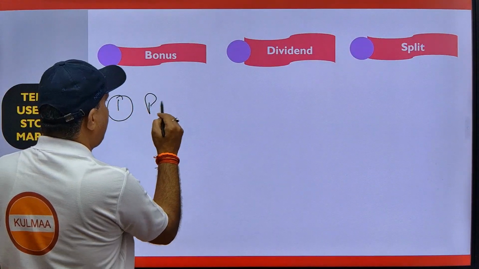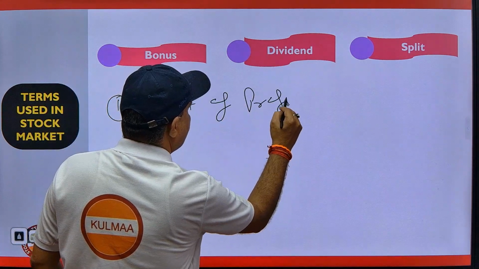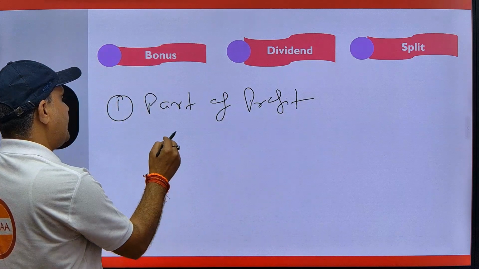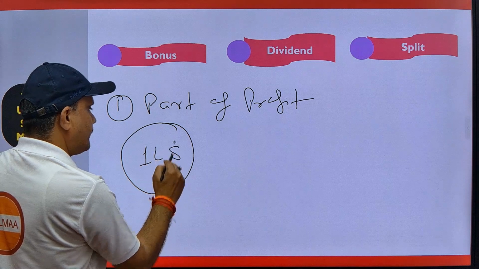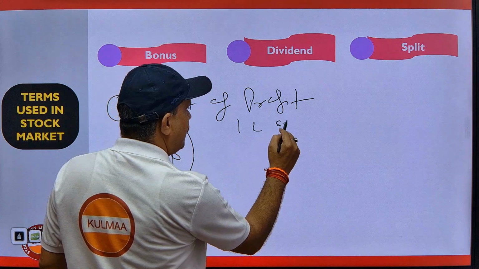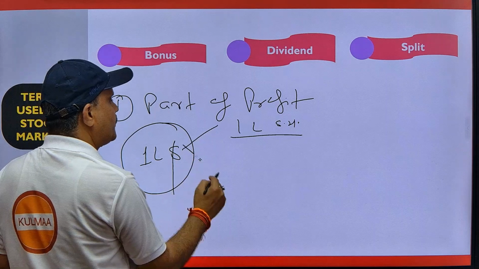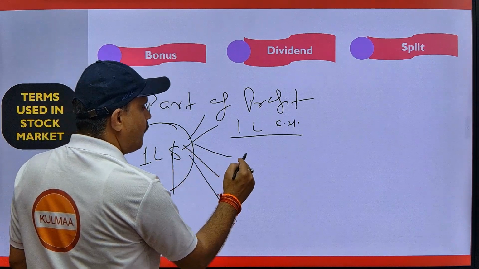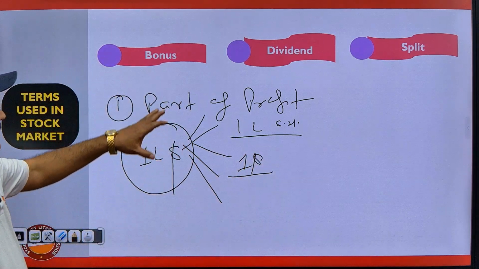Dividend means a part of profit. That means if any company earns $1 lakh and there are a total of 1 lakh shareholders in that particular company, that means the company is going to distribute $1 to every shareholder, that is known as the dividend.